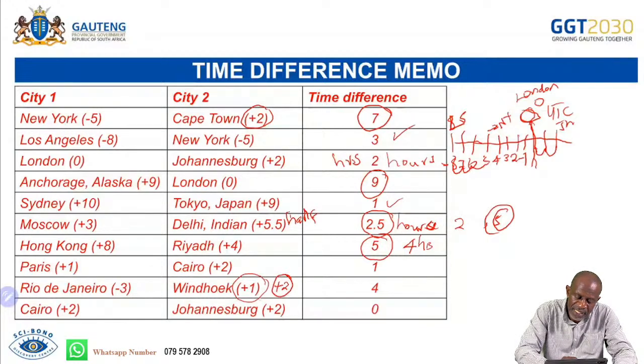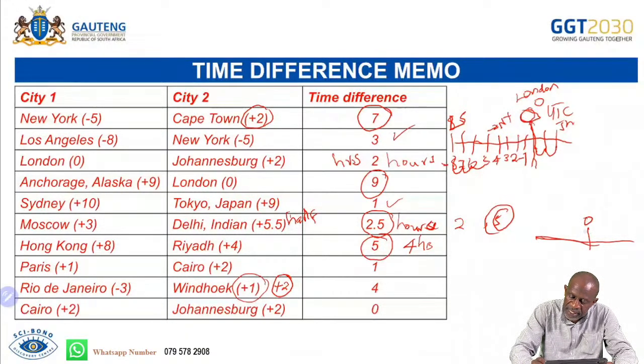So the time difference between the two countries is 5, because when you move from +2, which is our Windhoek, this is 0, and we are counting westwards 2, 3, 4, 5 spots. So Rio is at -3, which is somewhere there, and you'll have Windhoek at +2.